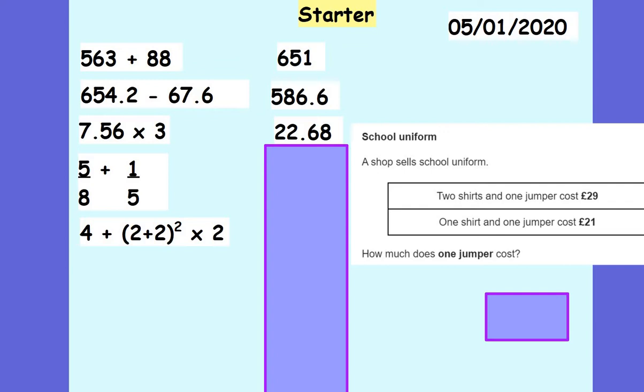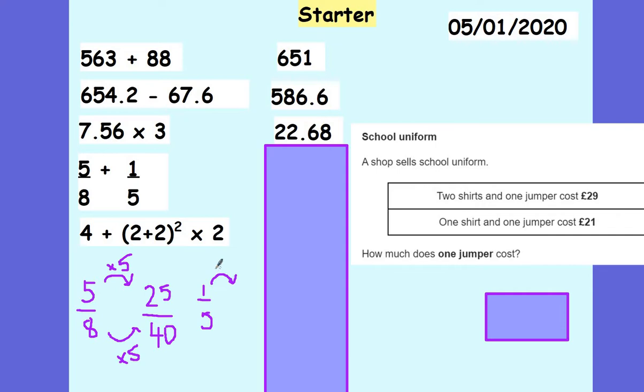Adding fractions, I need to convert those fractions into equivalent fractions which have the same denominator. So I'd take 5/8 and I'd multiply top and bottom by 5. Multiplying top and bottom by 5 would give me 25 over 40. I would now take my 1/5 and I'd multiply top and bottom by 8.